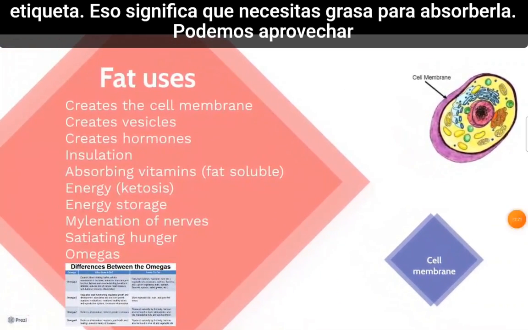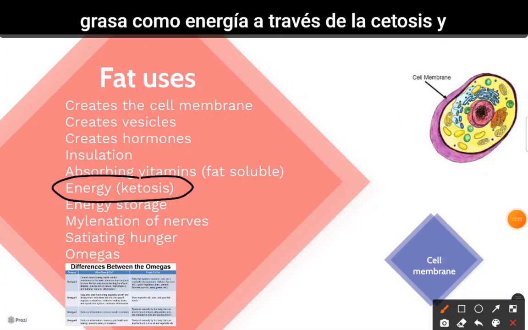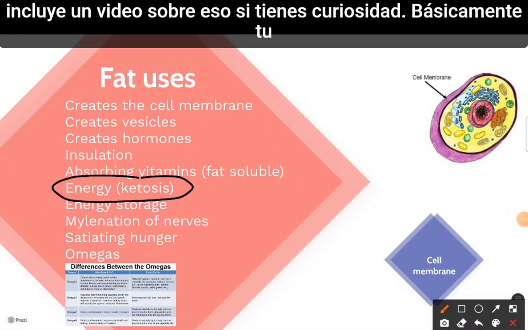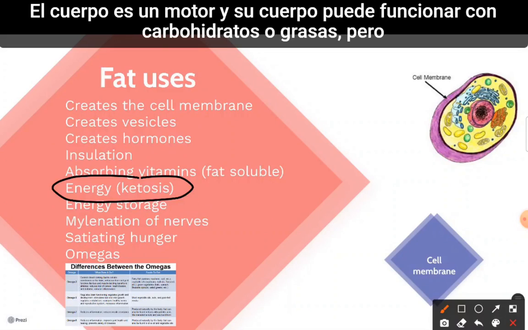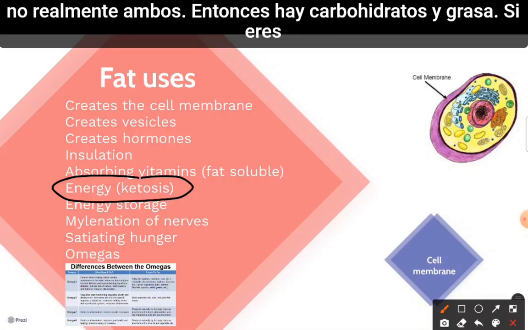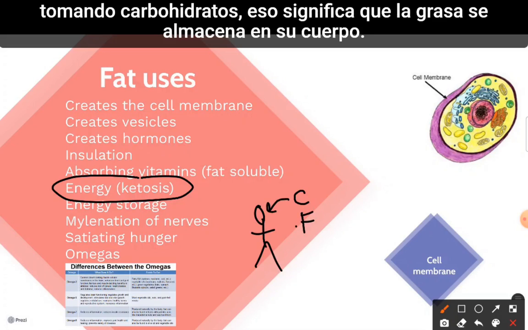We can harness fat as energy through ketosis, and I'll include a video all about that if you're curious. Basically, your body is an engine, and your body can run on carbs or fat, but not really both. So there's carbs and there's fat. If you take in carbs, that means fat gets stored in your body as fat.